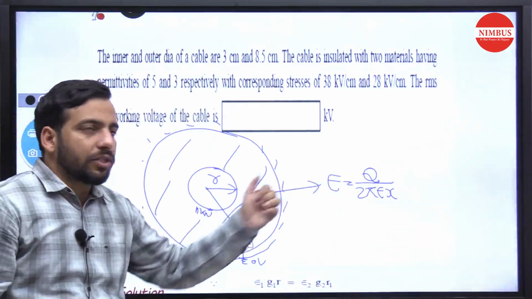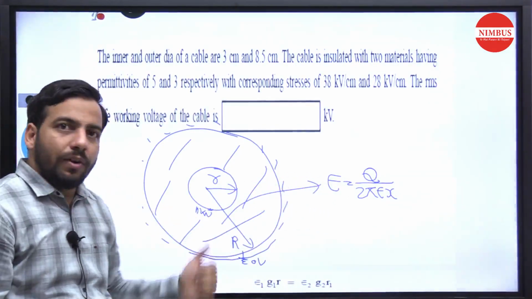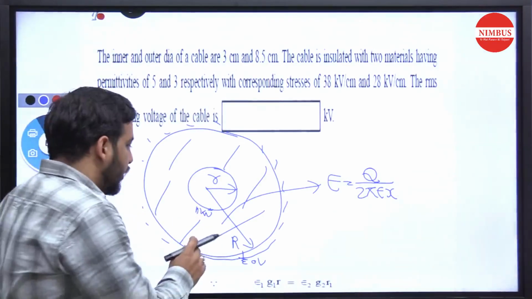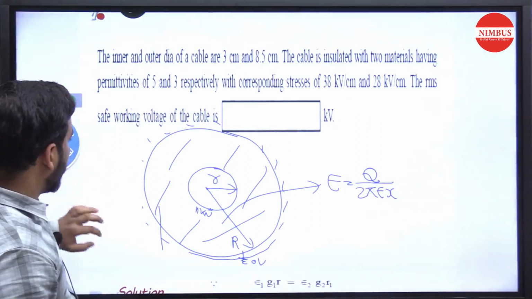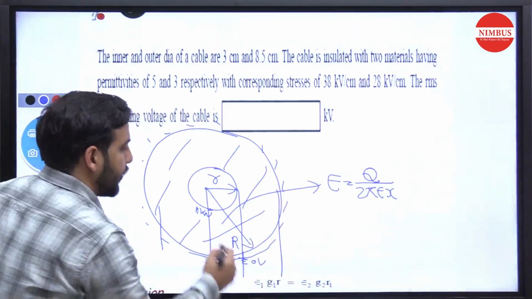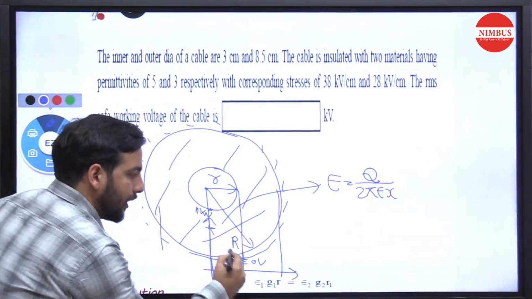This electrostatic stress also has another problem: it is distributed non-uniformly in the cable. When you draw it, the stress will be like this.